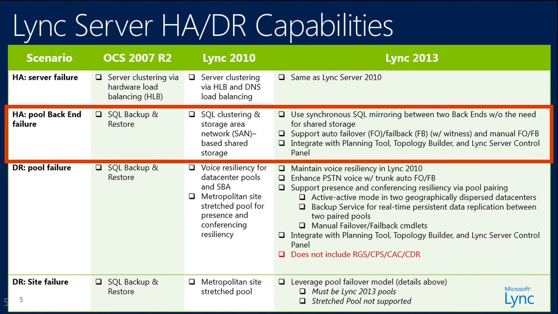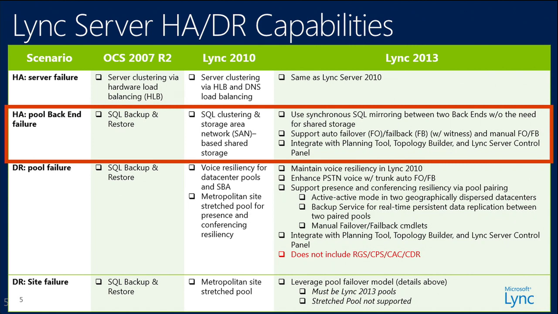At the back end, traditionally, we've done database exports and database backups and provided some clustering for availability in the previous versions. With Lync 2013, we moved to the concept of synchronous SQL mirroring to ensure that we have more than one copy of that data.